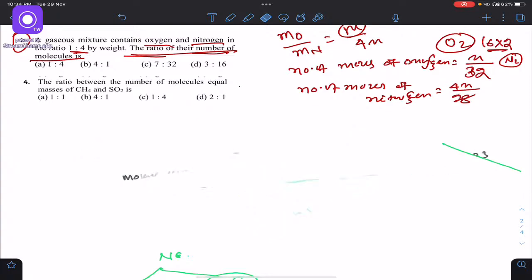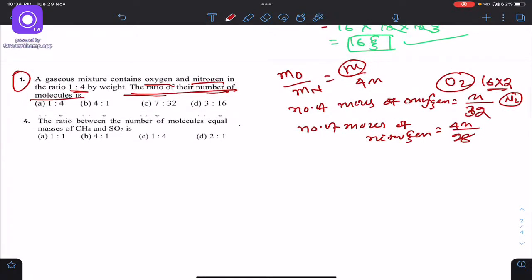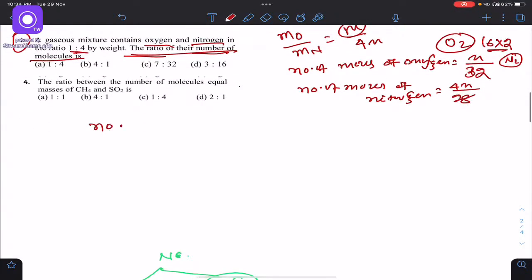Next, see, number of molecules is equal to number of moles into Na. So number of molecules of nitrogen is equal to number of moles of nitrogen into Na.